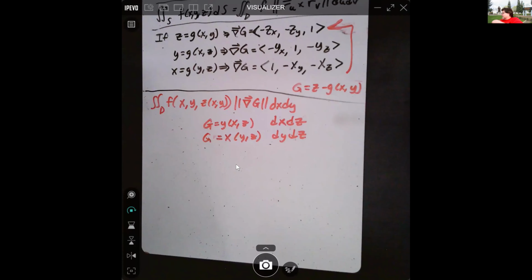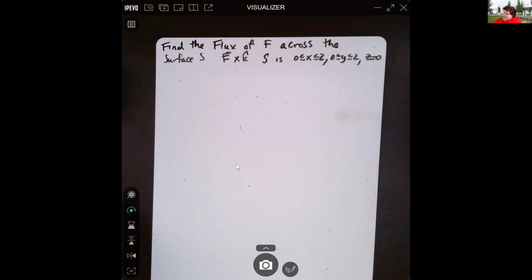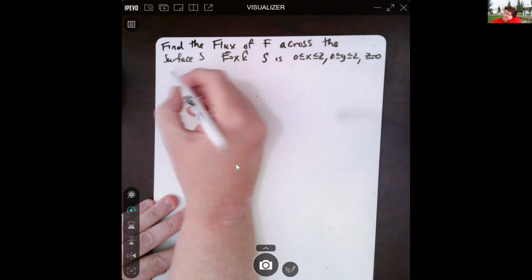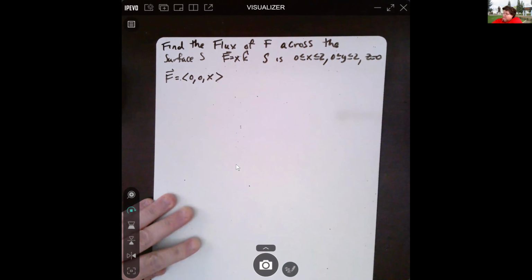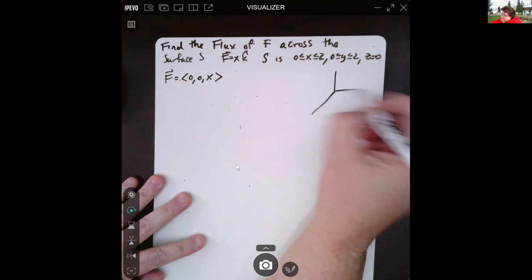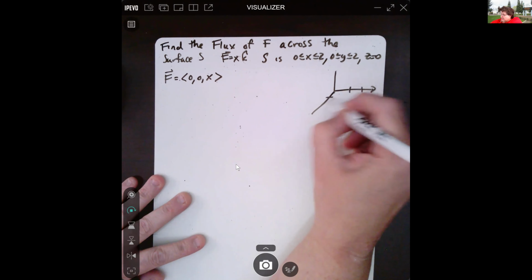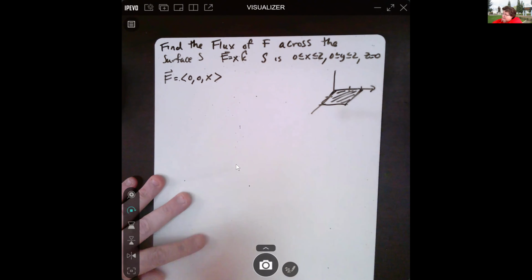All right, so let's take a look at the problem. F equals xk, so F is 0, 0, x. And S is this plane right here, a region in the XY plane.